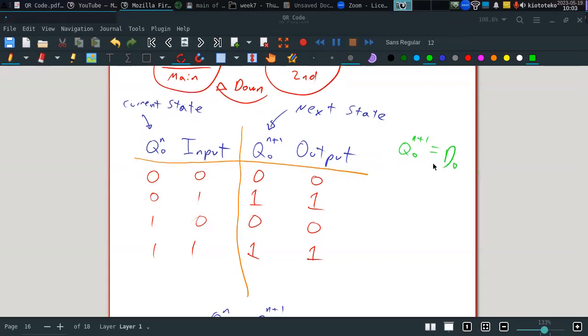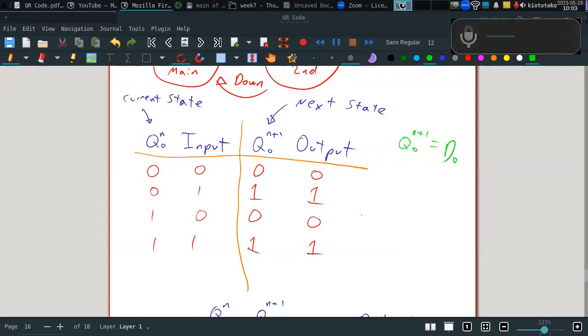All right, so we have this relation. So based on this, we need to relate whatever is our next state with whatever we get as an input, no?